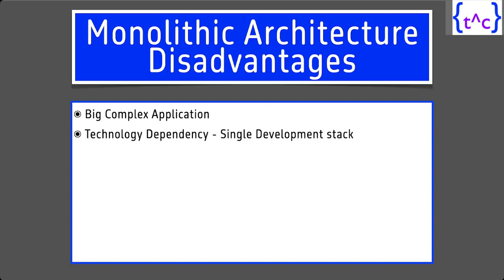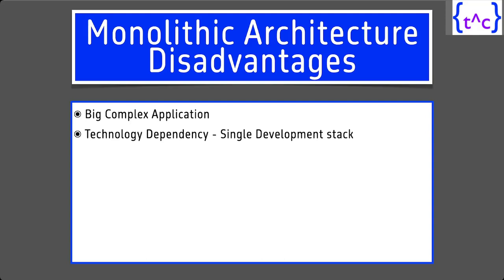Another important point is technology dependency. That means the application is written in whichever technology, only that technology can be used to maintain and grow that application. Later on, because of any reason, if developers or architects want to change the technology for that application, it is not possible. It is only possible if they decide to go ahead and rewrite the complete application using some other technology.